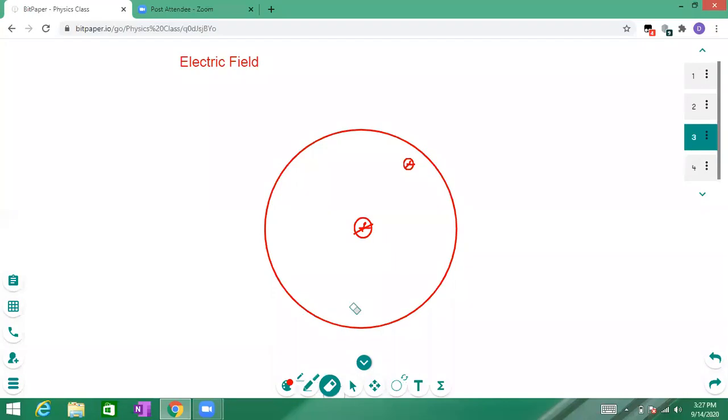Now, this charge is capital Q. This capital Q charge is forming this region around it, and within this region, another positive charge, small q, is entering.